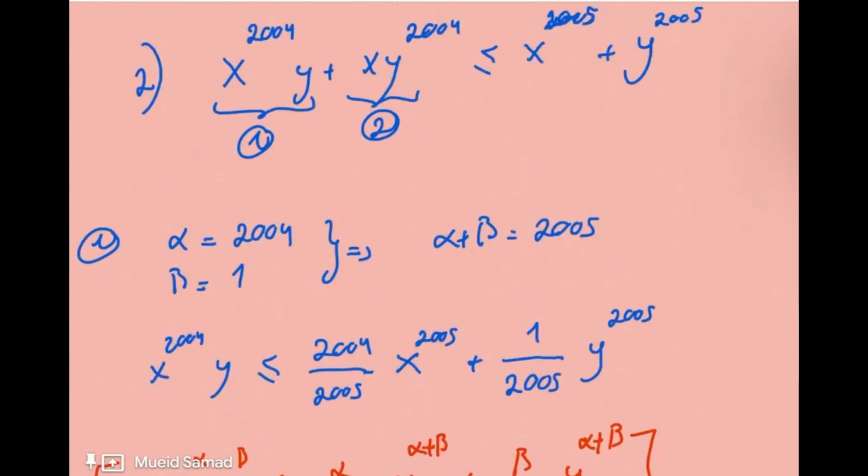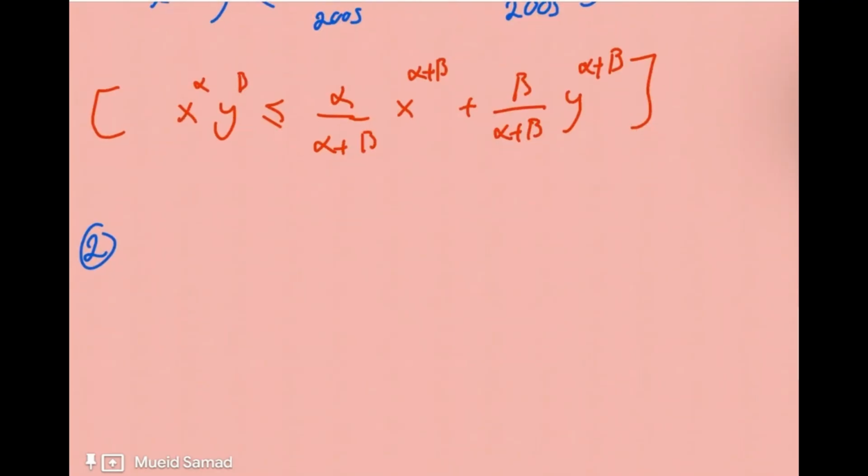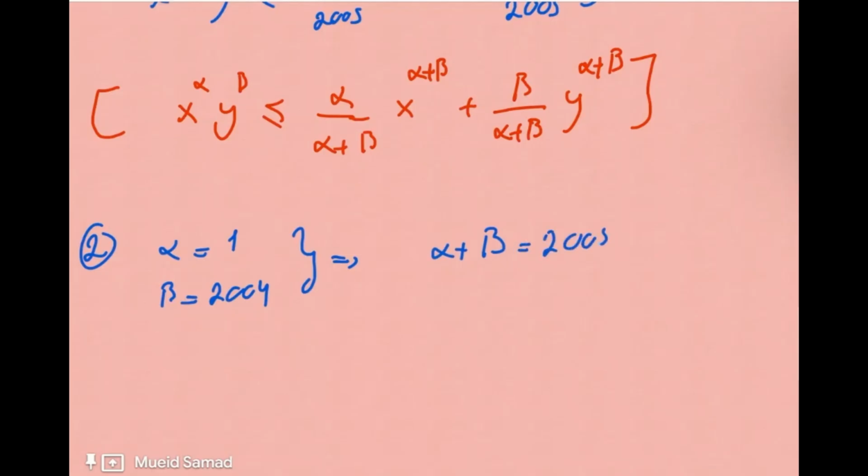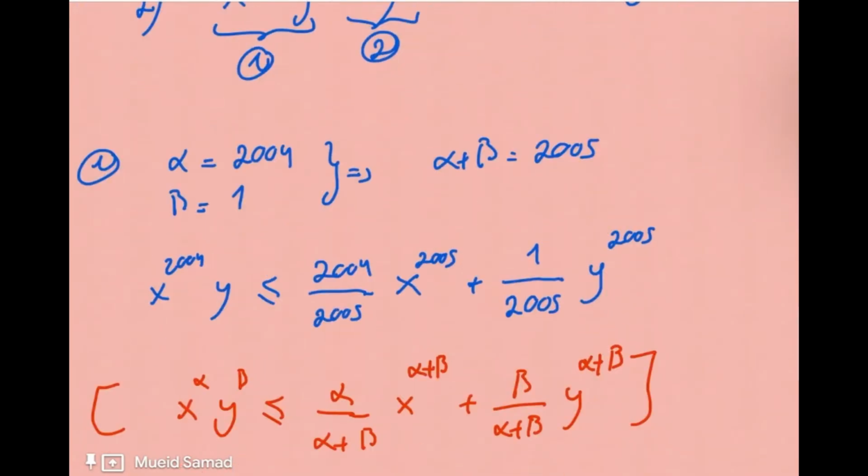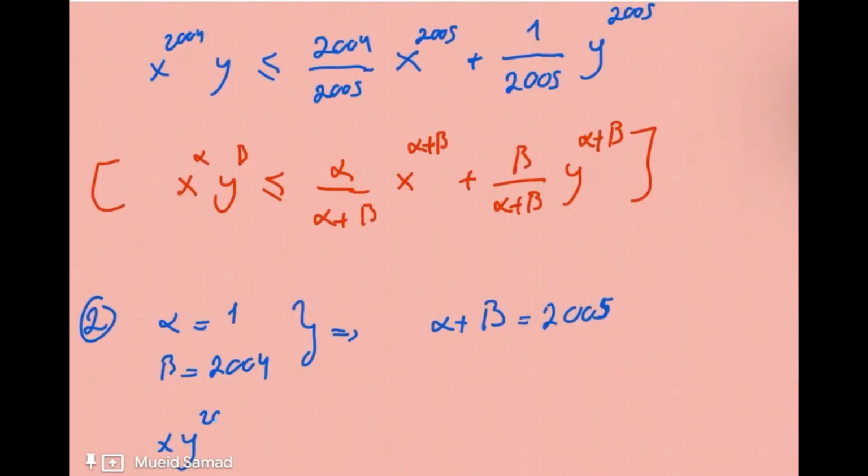Now let's go to the second part: x and y to the power of 2004. Now we use it differently. For alpha, we will insert 1, and for beta, we will insert 2004. Of course, for the summation, it stays the same, just 2005. Now let's estimate the second part, x times y to the power of 2004.